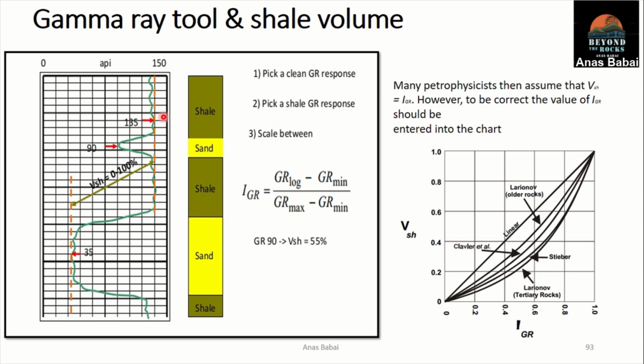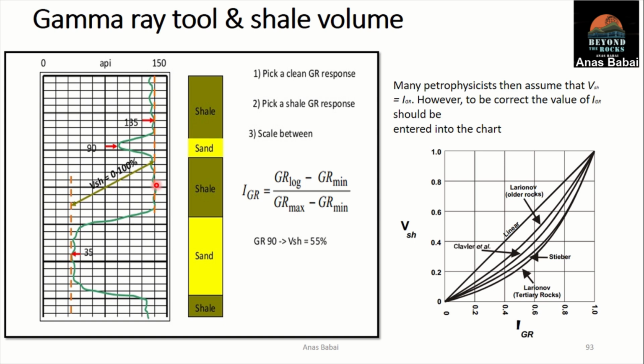So if we have this as a gamma ray log, we have the minimum gamma ray and the maximum gamma ray. The line that connects the highest values of gamma ray is called the shale baseline, and the line that connects the minimum gamma ray values is called the sand baseline.